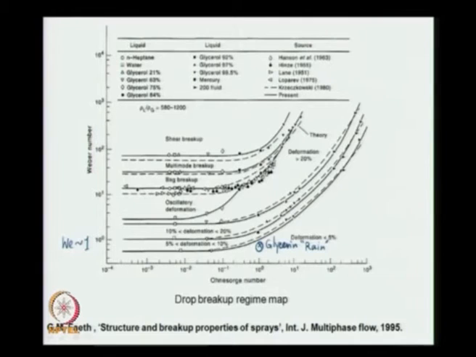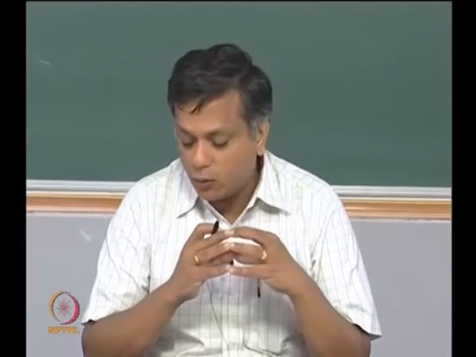Order 1 on the Ohnesorge number and order 1 on the Weber number. What this chart tells us is that under those circumstances the drop would hardly deform. The deformation of this drop would be less than 5%. It would oscillate, but the net deformation would be less than 5% of the radius. So there is no expectation of any atomization.